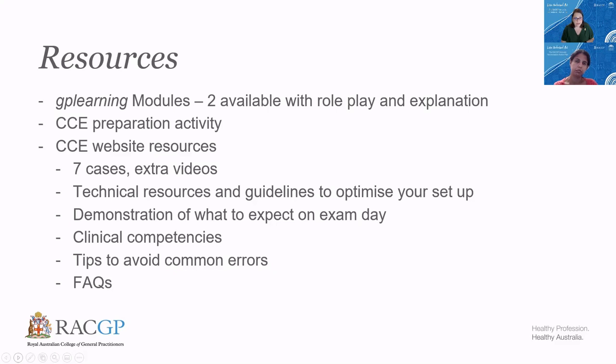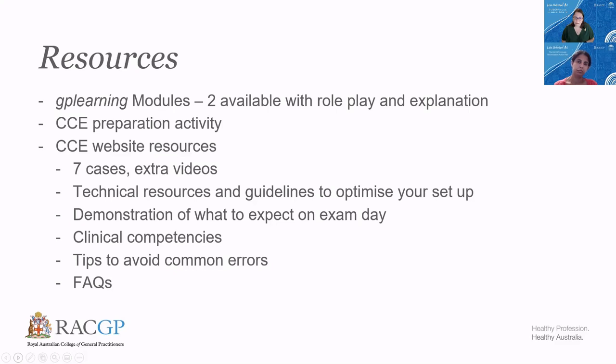And what I think is the most important resource of all is the rubric of clinical competencies. So this is where we outline each of the criteria that go towards demonstrating a competency and what the performance markers are for each of those criteria. This is what I advise our examiners to use and what I train examiners in when they are marking the clinical competency exam.